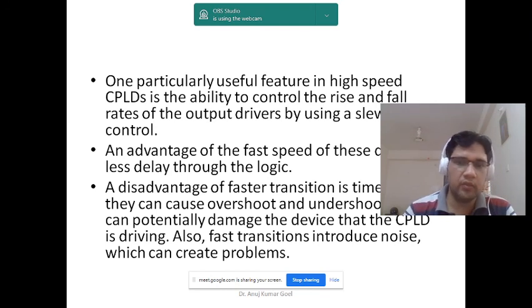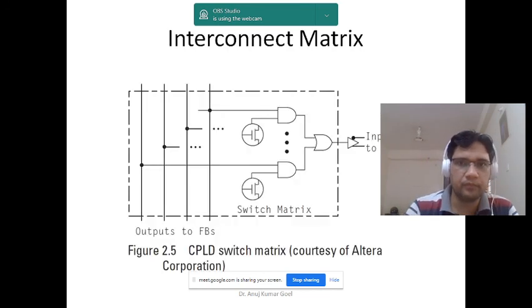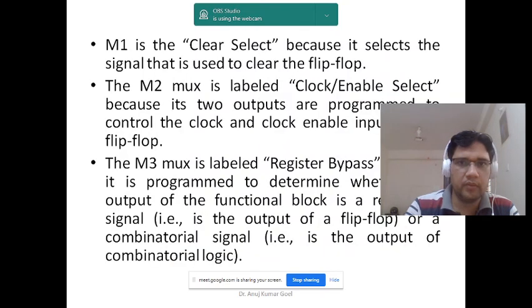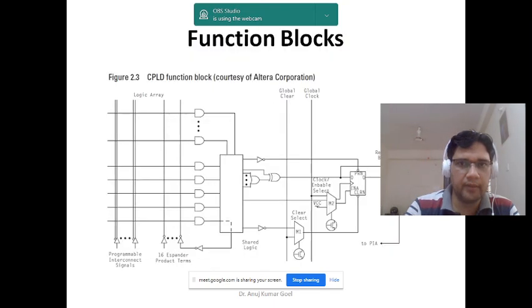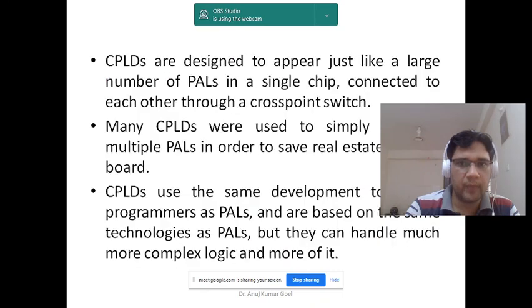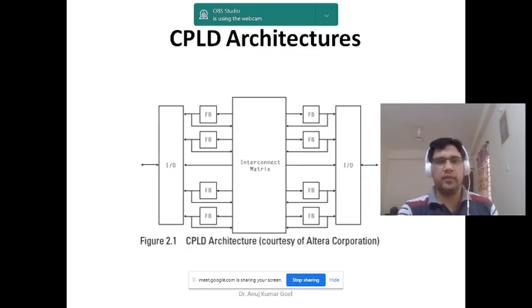So what is the threshold voltage of the peripheral devices? That also decides device performance. Device performance depends on all the elements, the input output block, the functional block, and the architecture of the CPLD.